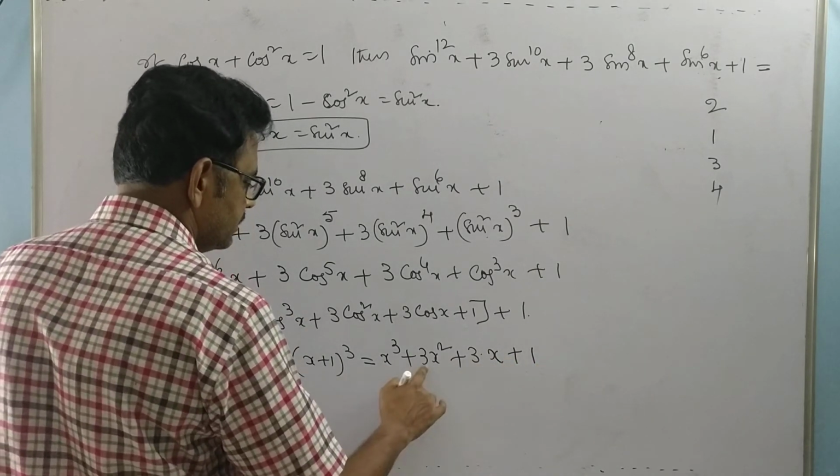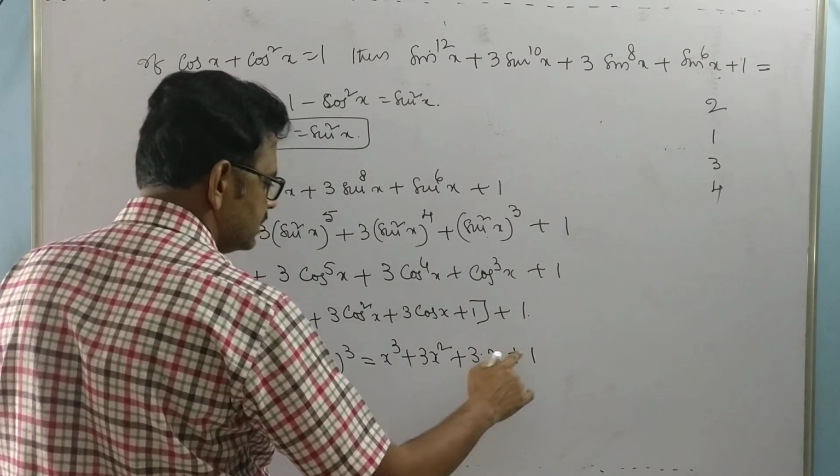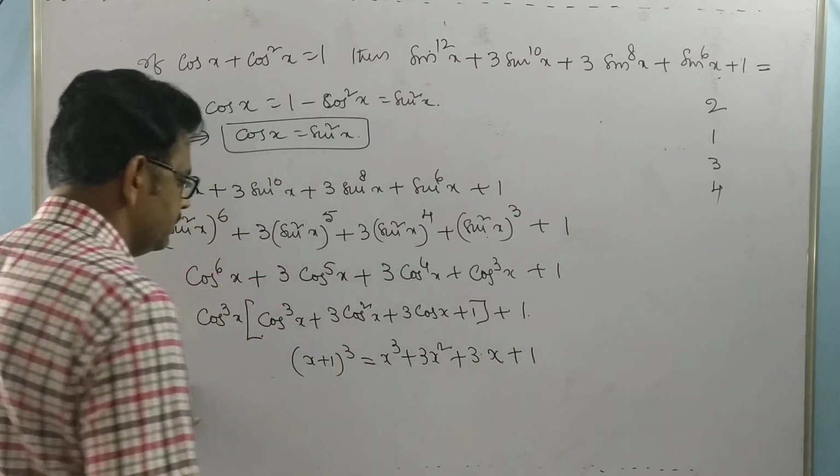So x cube plus 3x square plus 3x plus 1 equals x plus 1 whole cube.